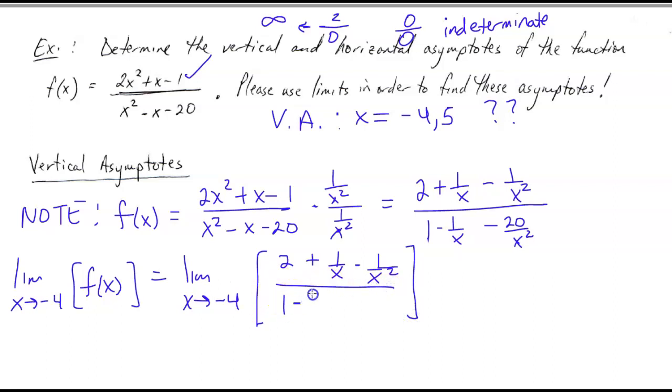All right, and this will be 1 over 1 over x minus 20 over x squared. Now, at this point, if we take the limit of the numerator and the limit of the denominator separately, and we apply the limit operator to each term, each of these terms can be looked at as a function, and if I apply the limit to it, I'm not going to get a number divided by 0.